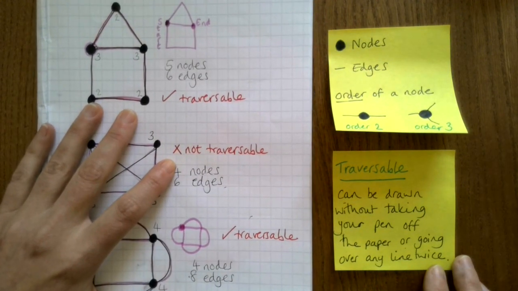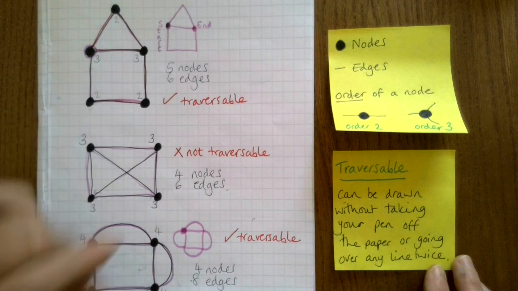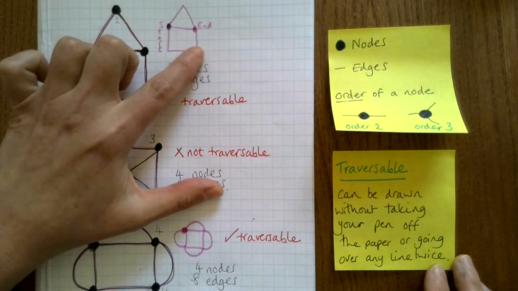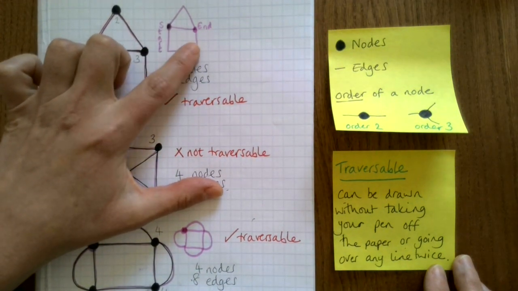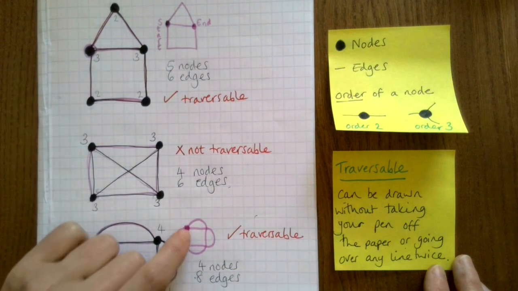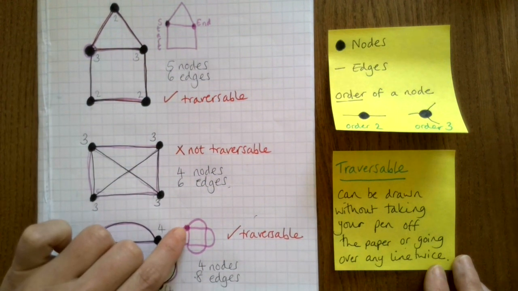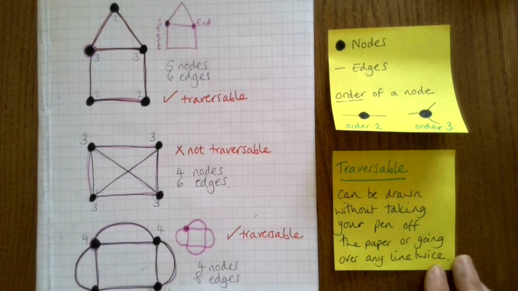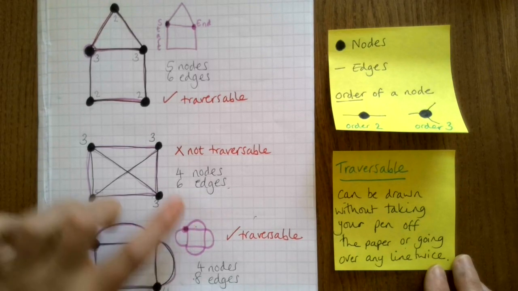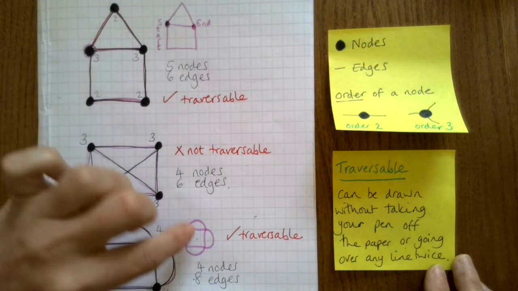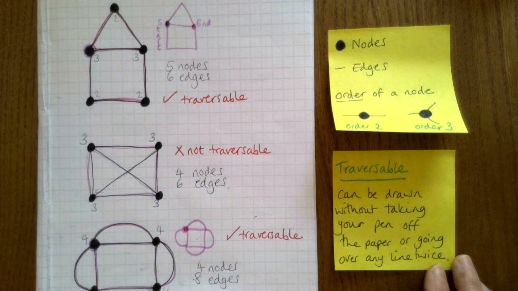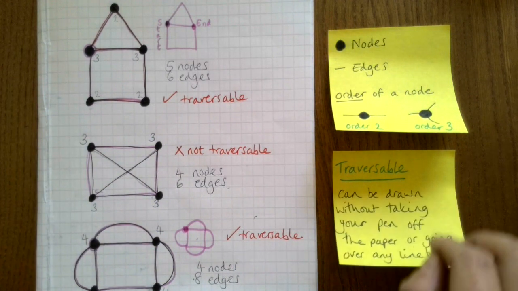If you want an extension, maybe you could think about this one here, where we started and ended at different points, and this one here, where we started and ended at the same point. Maybe you could figure out what affects which of those situations happens. Okay, right, off you go.